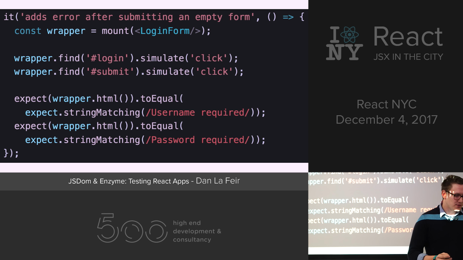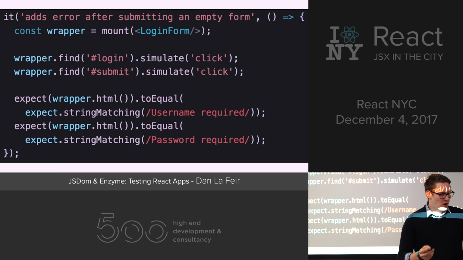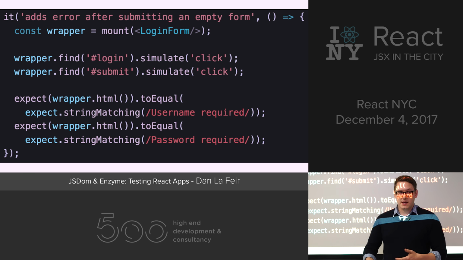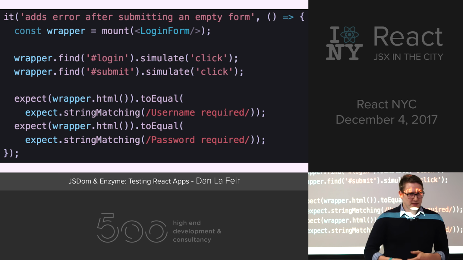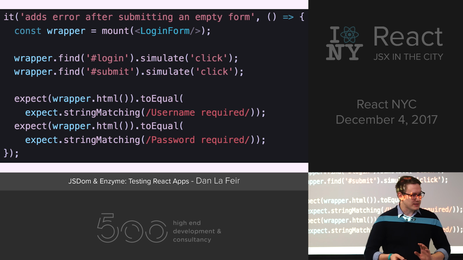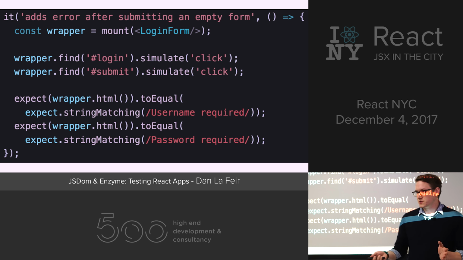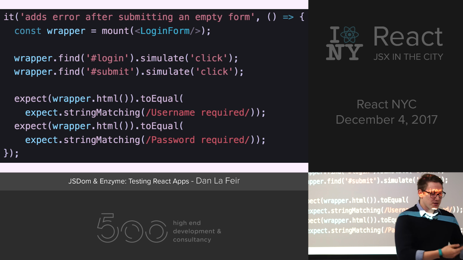So mounting the login form, just like we did before, but not getting the instance. Instead of calling the functions, let's interact with the component the same way that a user is going to interact with this. So let's click on the login button, and let's click on the submit button. That's exactly what the user is going to do. And then they're going to see somewhere in the HTML, again, you could maybe argue that the specificity of that expectation is a little too broad, but we are going to see something in the UI where there's a username required and a password required.